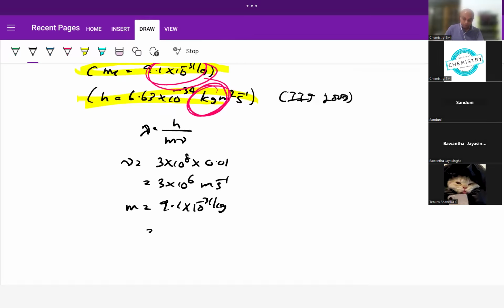So h is 6.63 into 10 to the power minus 34, divided by m, which is 9.1 into 10 to the power minus 31 kilograms, into nu, which is 3 into 10 to the power 6. So you do the math and you will get the answer.